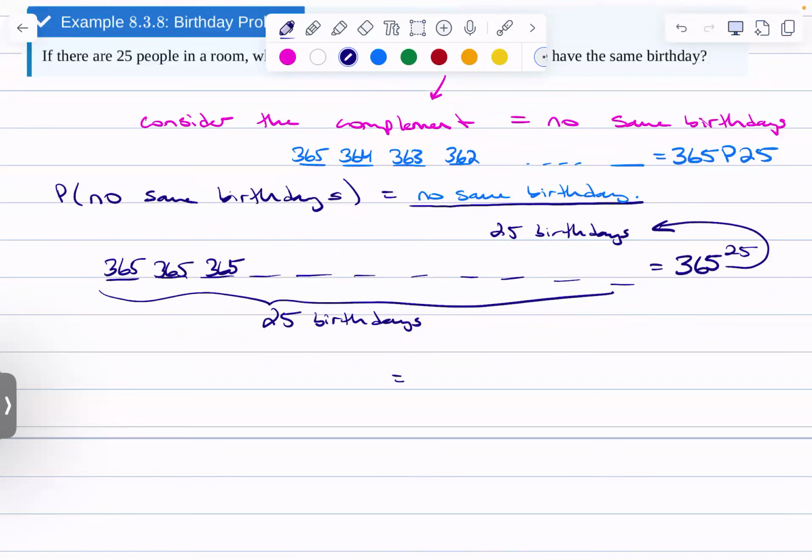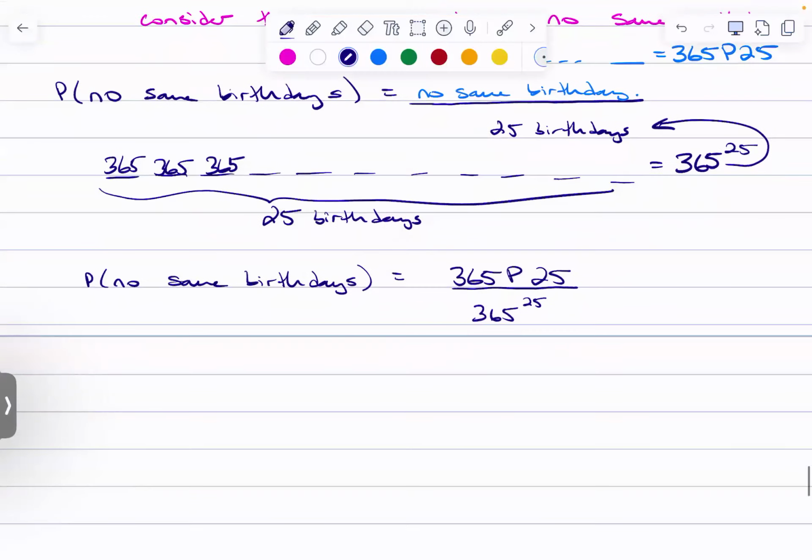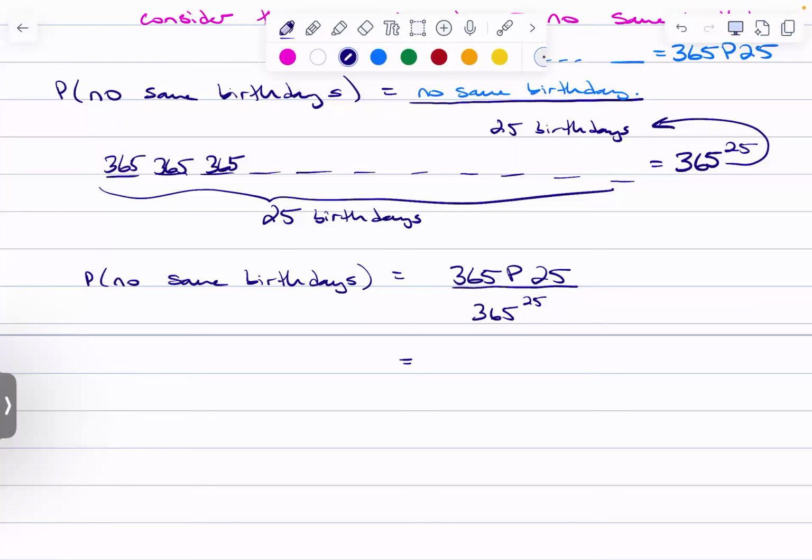So the probability of no same birthday is 365 P 25, which you have a P button for on your calculator as well, over 365 to the power of 25. 365 P 25 is still very large, so how about I just skip to the good part: divided by 365 to the power of 25.